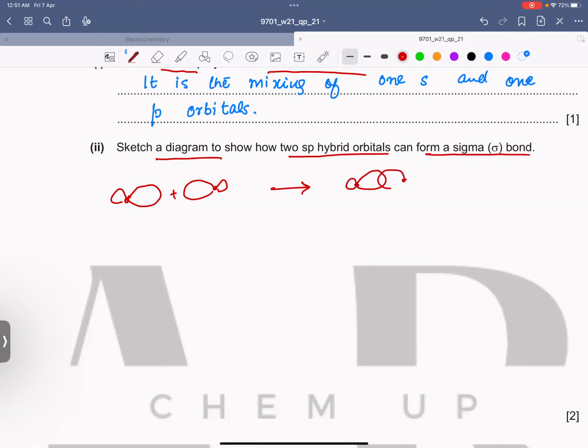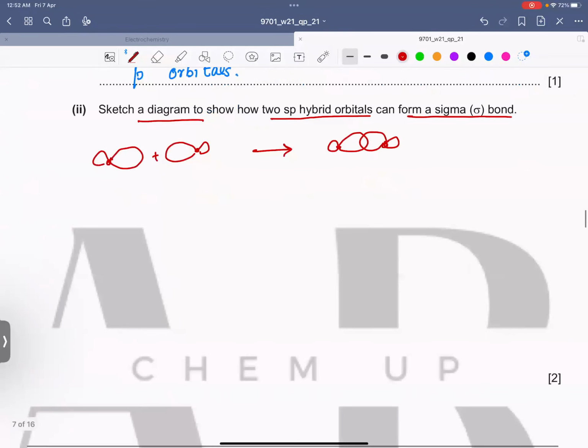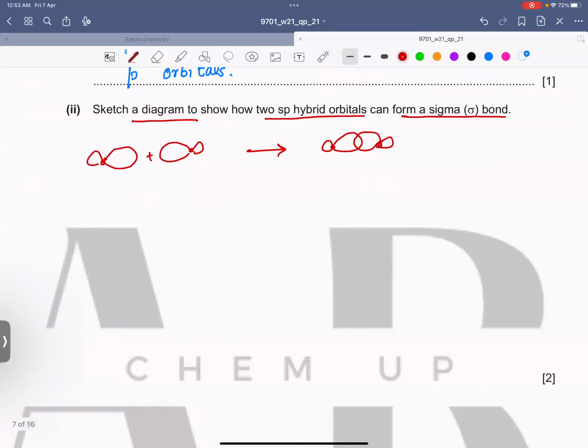These two are being hybridized and then overlapped. So you need to draw this diagram over here only: these two initially without overlapping, and then when they get overlapped. Is this clear?